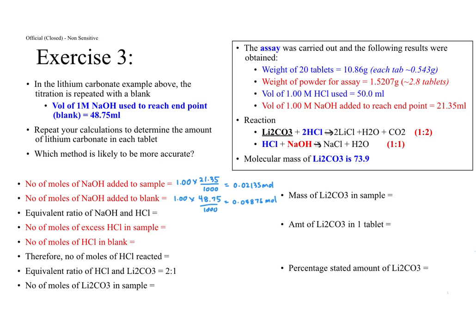If we look at the reaction between HCl and sodium hydroxide, 1 mole of sodium hydroxide reacts with 1 mole of HCl. So the ratio is 1:1. And so the number of moles of excess HCl in the sample is the same as the number of moles of NaOH added to that sample. And the number of moles of HCl in the blank is also the same as the number of moles of NaOH that was added to the blank.